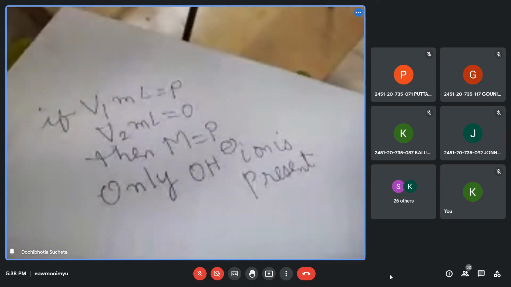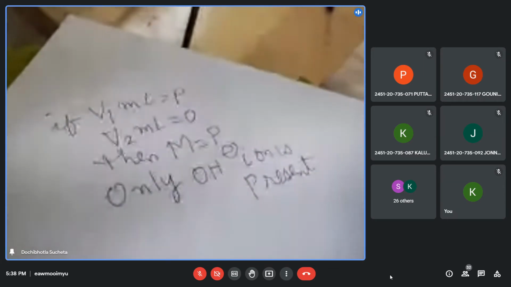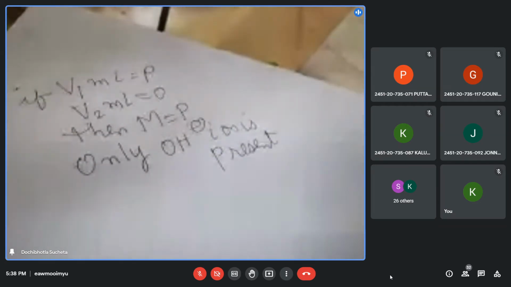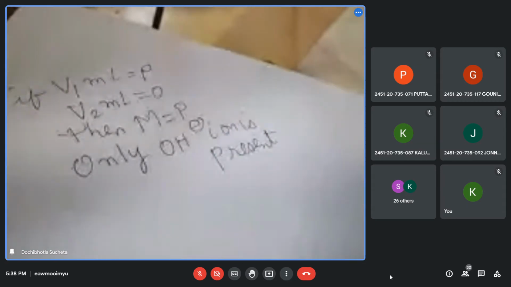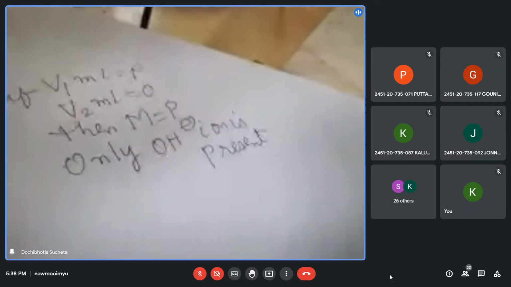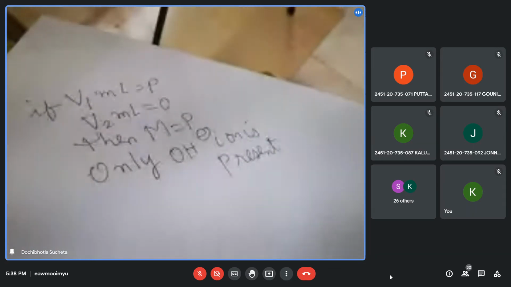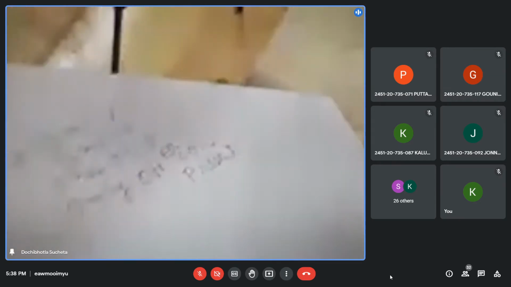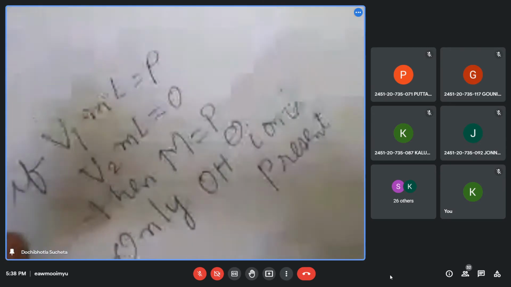If only OH minus ion is present, it gives color with the phenolphthalein, but methyl orange does not show any sort of color change. So that's the discussion. Fine.